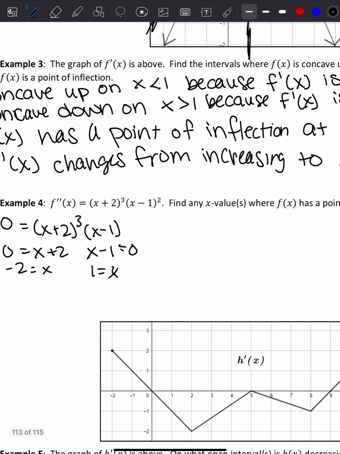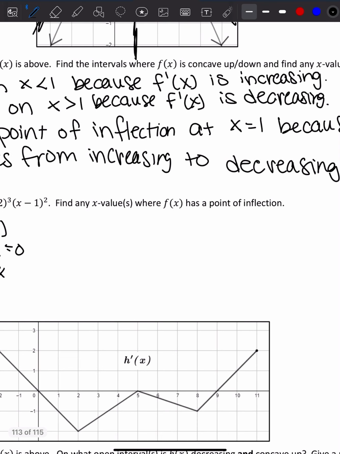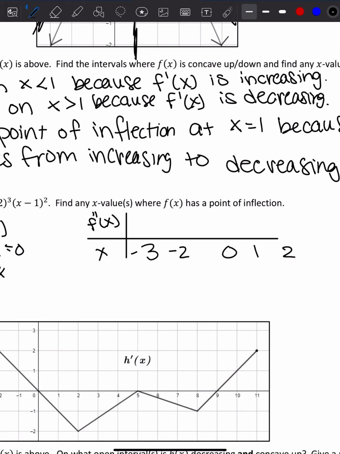So now I just need to check to see what is going on with our second derivative. So I'm going to pick some values that are around it to see what happens.